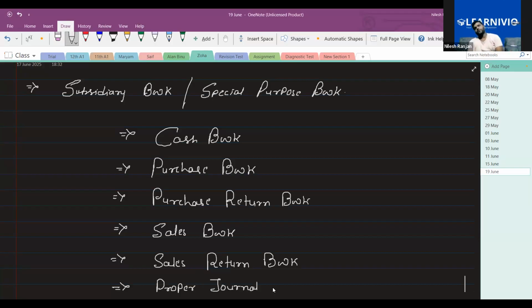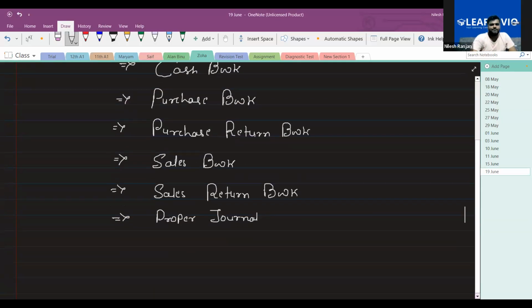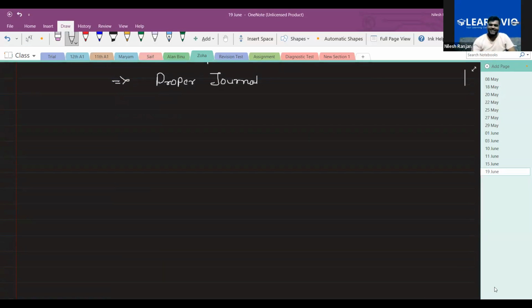Now, the first thing is why journal is divided into 6 different categories. Do you have any idea? No, not really. Why is it divided? Okay. The same reason why we prepare a ledger, but it is a little bit different. After journal we solve the ledger, then trial balance, then financial statement.